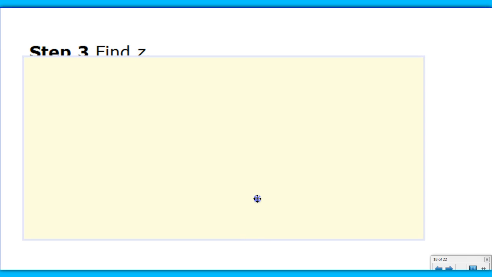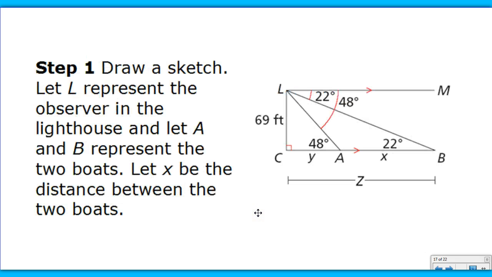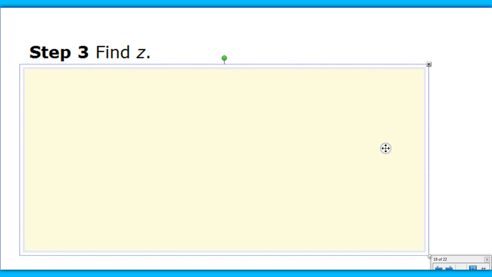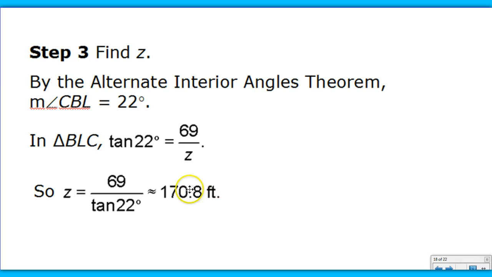Secondly, we can find z. Looking at the picture again, we're finding the whole horizontal distance from the observer to the second boat, using that 22-degree angle this time, right? And so when we do, we have 170.8 feet.